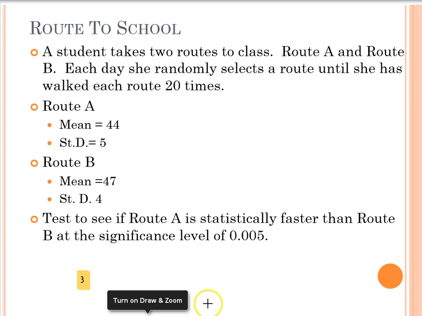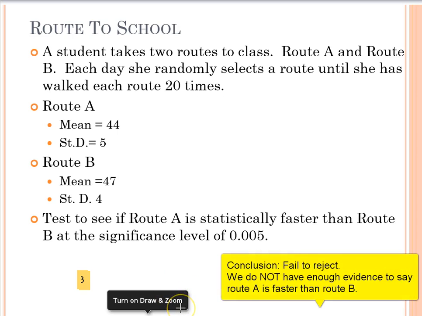Our conclusion is to compare the p-value to the significance level. Our significance level was really small, implying we required a lot of evidence, a large difference between these two groups. Because our p-value isn't small enough, that is, our p-value is greater than our alpha level, we must fail to reject the null hypothesis.